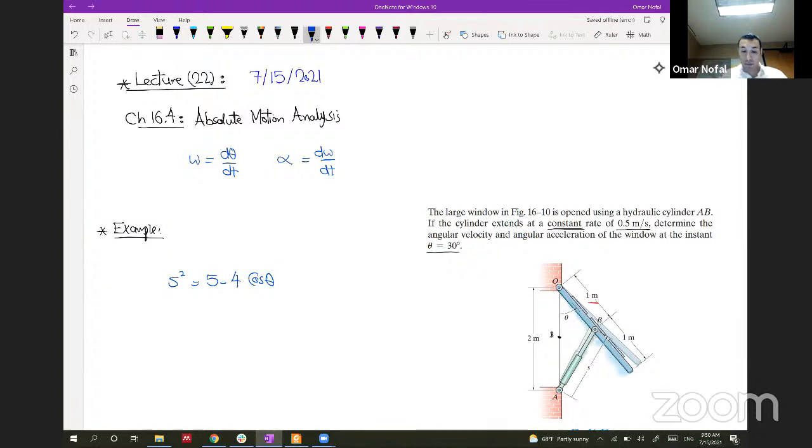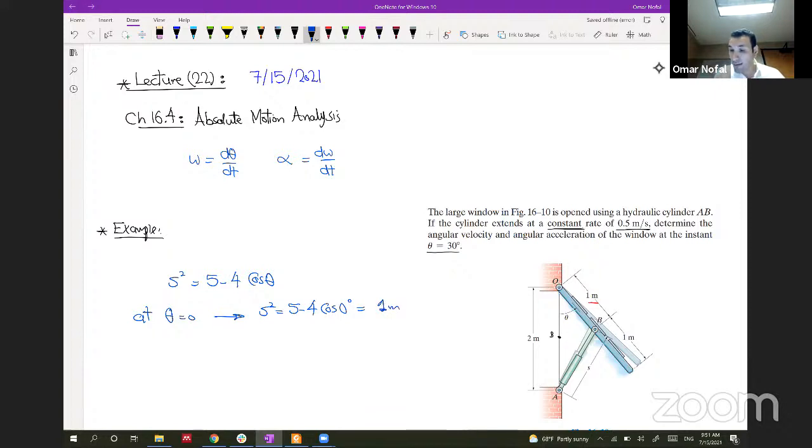And if we want to get some values, like what is the value of s at theta equal to 0, when this window is closed, let's put theta first. So at theta equals 0, s squared will be equal to 5 minus 4 cosine 0, which will be 5 minus 4, so this will be 1 meter.